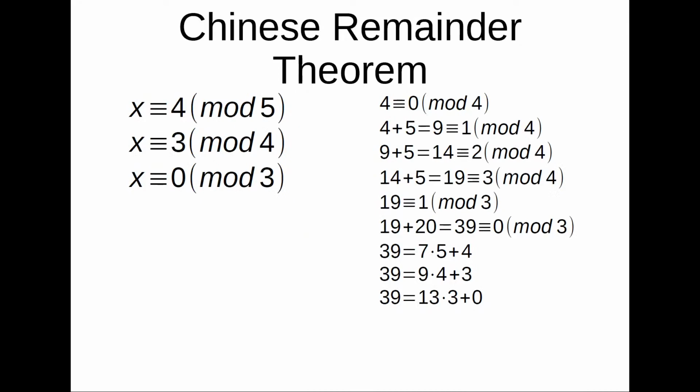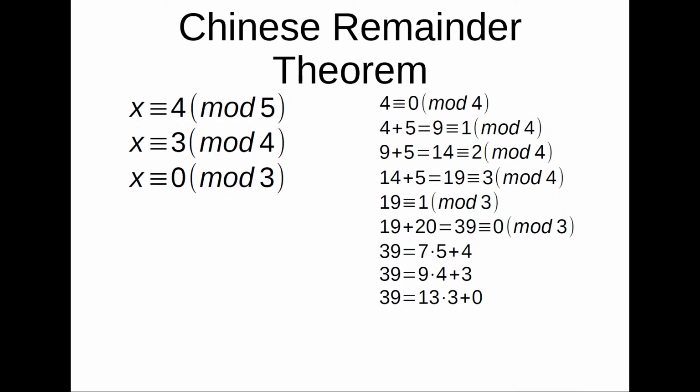An example of that is you want to find an x which is congruent to 4 mod 5, 3 mod 4, and 0 mod 3. You'll want to start with all the numbers which are congruent to 4 mod 5. So you'll start with 4, and you have to find a number which is congruent to 3 mod 4.